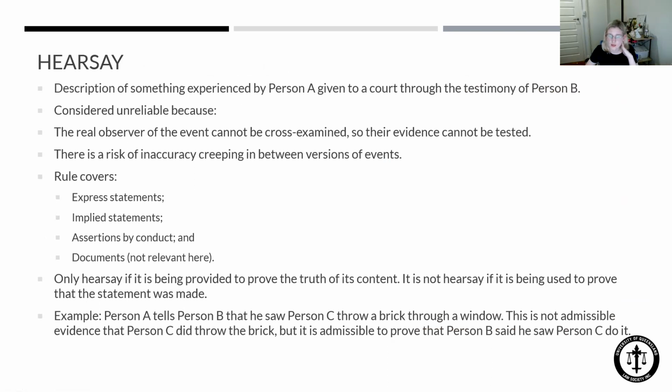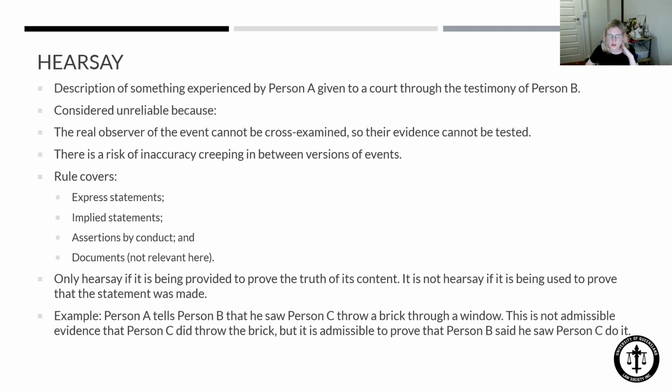This, again, comes up frequently, is hearsay. It is one of, or what I've found at least, one of the more difficult for people, not just competitors, to wrap their head around.